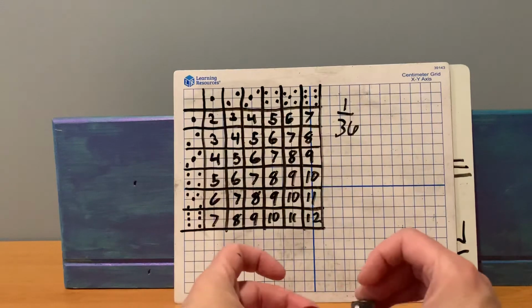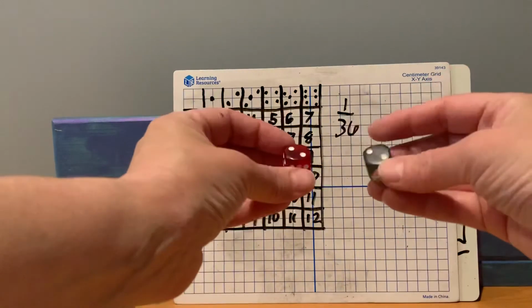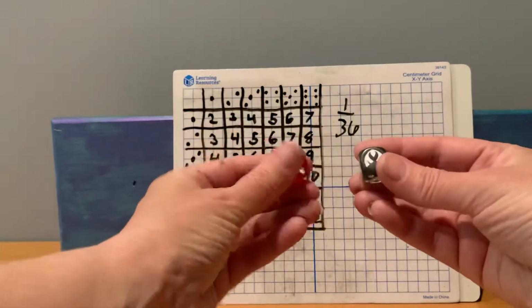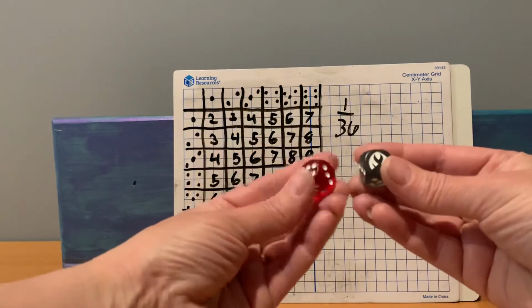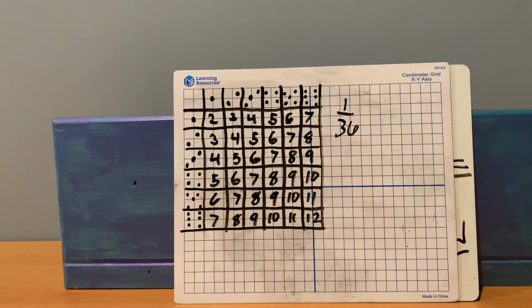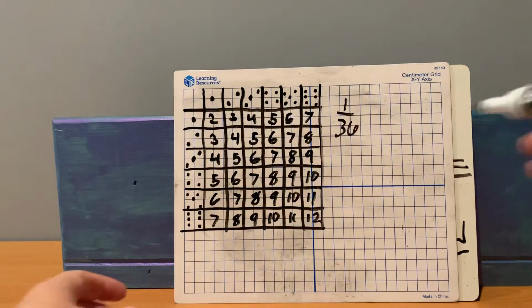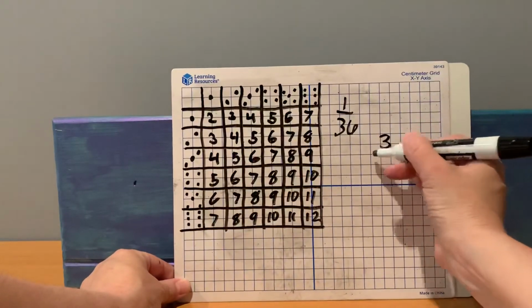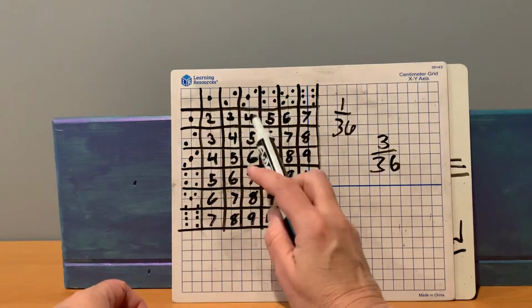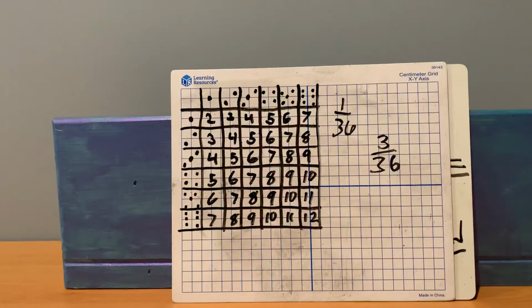Or if a 2 is rolled on both dice. Those are the 3 ways that we could get a 4. That is likely to occur 3 out of 36 times. So the probability of rolling a 4 is 3 out of 36. And we see on our chart, the 4 appears 3 times.